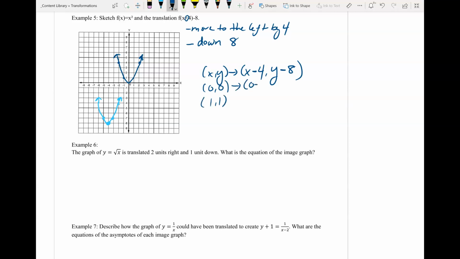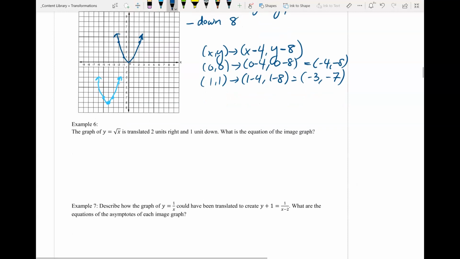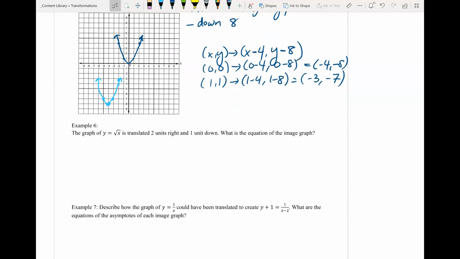So that's going to be 0, negative 4. 0 minus 8, which is the point at negative 4, negative 8. And you do the same thing for another one. 1 minus 4, 1 minus 8, which means your new point is at negative 3, negative 7. And then you can do it for more points if you need. But otherwise, yes, you can also do it right on the graph and just count down and count to the left.